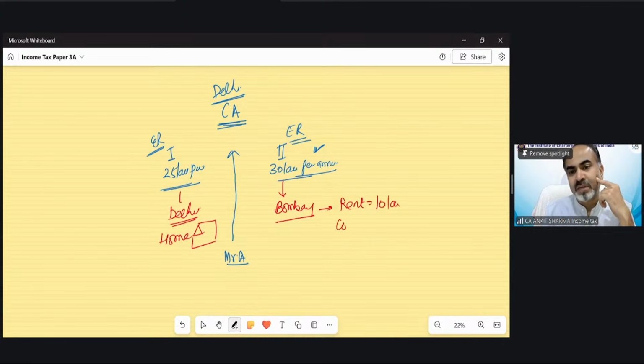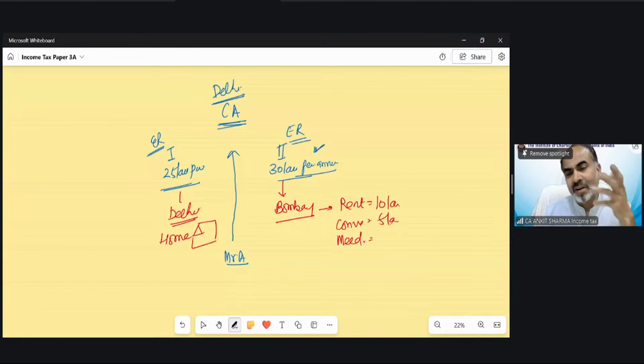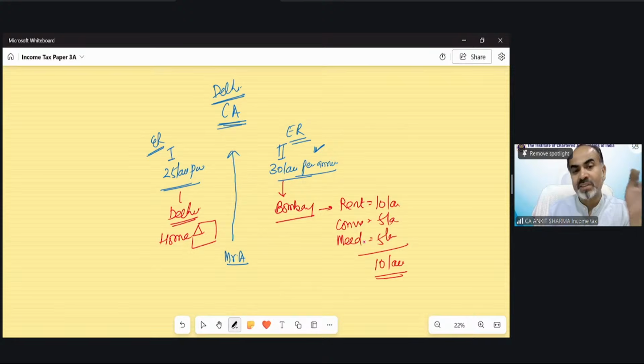Then conveyance expenses, suppose 5 lakh rupees. Then meal expenses, lunch, etc., 5 lakh rupees. So technically he spent 20 lakh rupees. The cash flow he is having is only 10 lakh. And in this case, because he resides in the same city, conveyance expenses would be like 2 lakh rupees only, etc. So the cash inflow would be more than 20 lakh rupees.